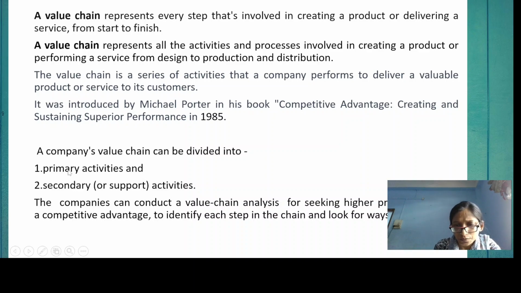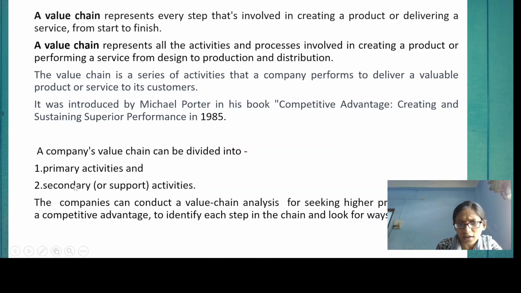Suppose we are manufacturing a smartphone and delivering it to our customer, and after-sale service and so on.